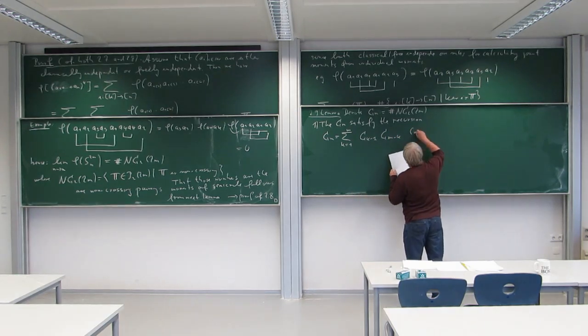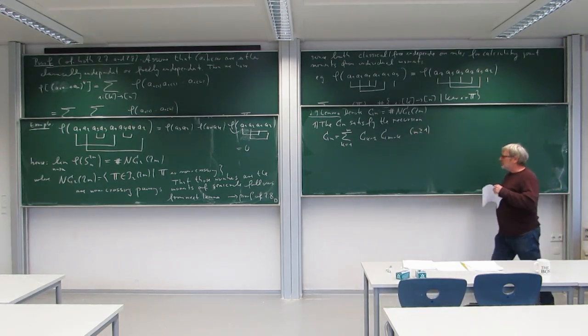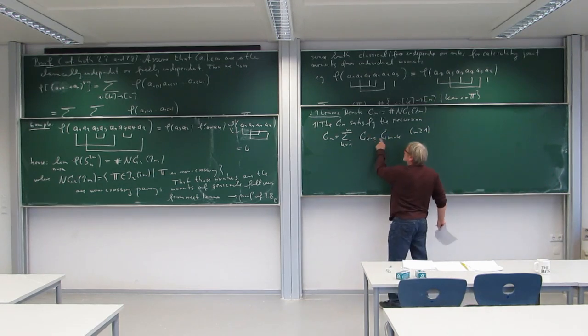This is true for all m greater than or equal to 1. So this is a quadratic recursion. And you see on this side I get only smaller terms; the indices are summing up to m minus 1.